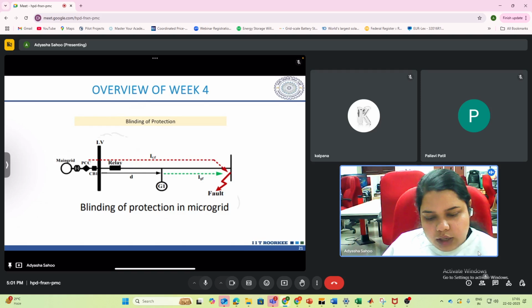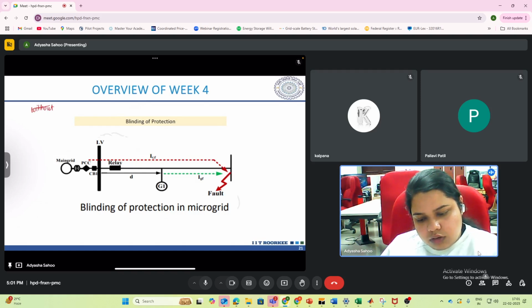Next is your blinding of protection. So here you have the fault here, without island mode, or we say grid connected mode.